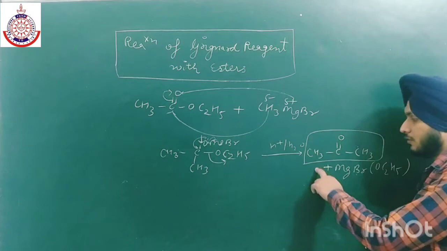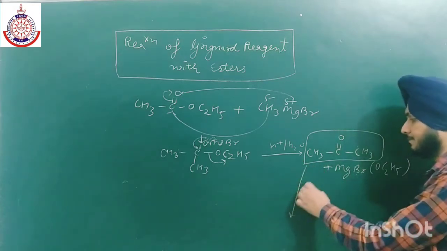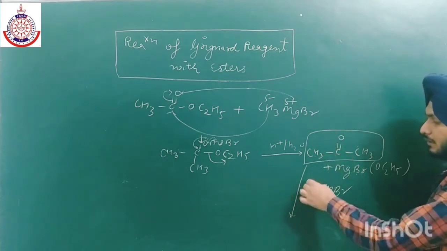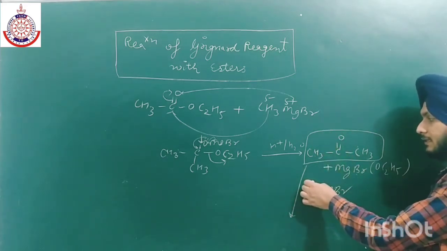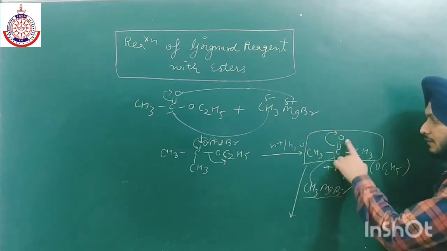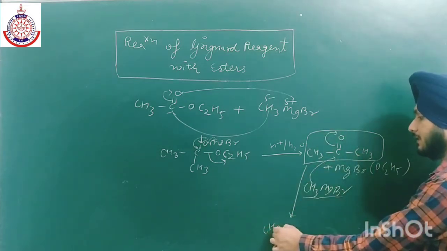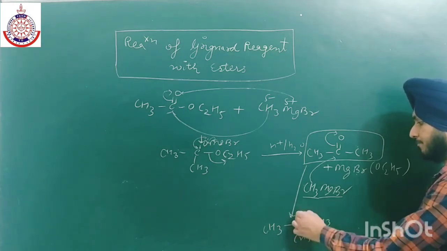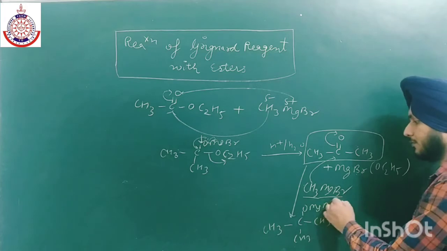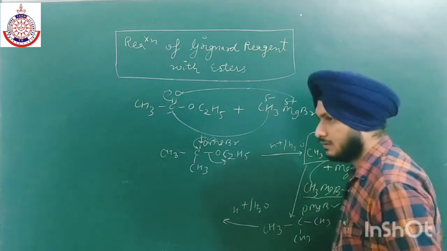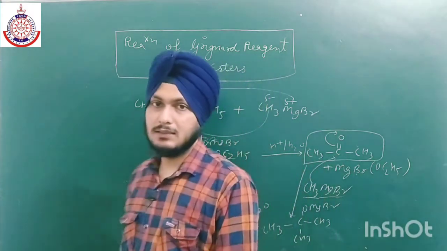alcohol. So from this step we can also add another molecule of Grignard reagent. Now again this CH3 will attack over here, this MgBr will attach over here, and we will get CH3, CH3 OMgBr. Again we have to do the hydrolysis. So simple as that.